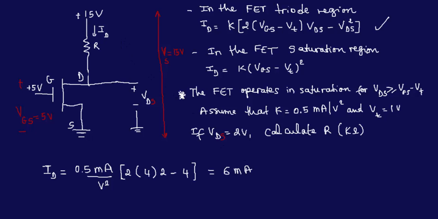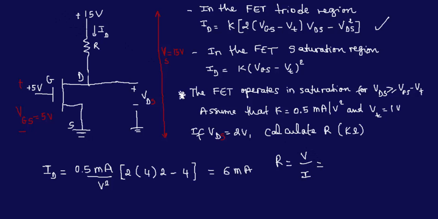We know what ID is, and we have the voltage. We will find out the voltage across the R using Ohm's law. So from here, we can say that R, using voltage, V is equal to IR, so R will be equal to V over I. So what's my voltage though?